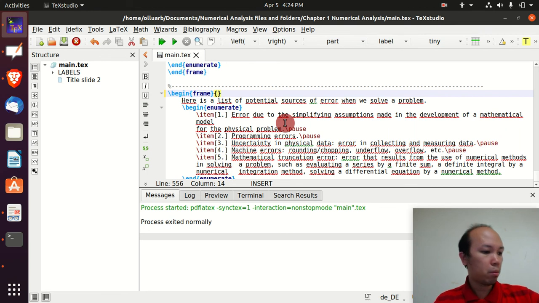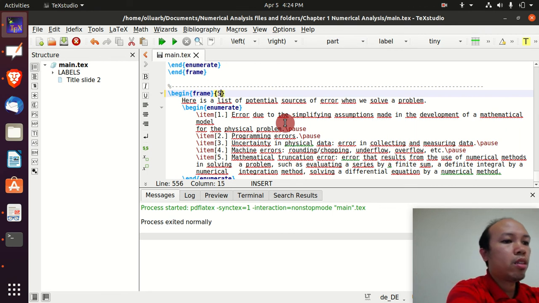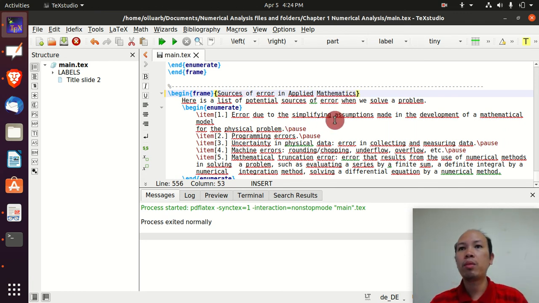This is not a problem set. It says here sources of error in applied mathematics.